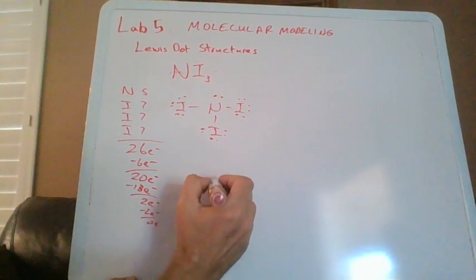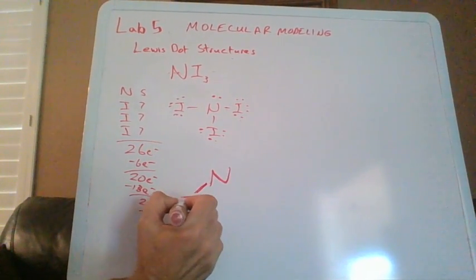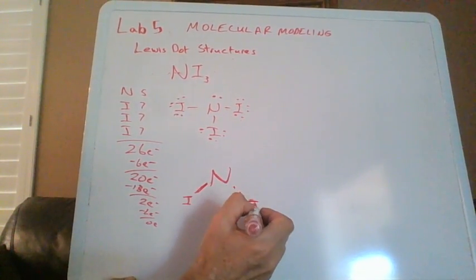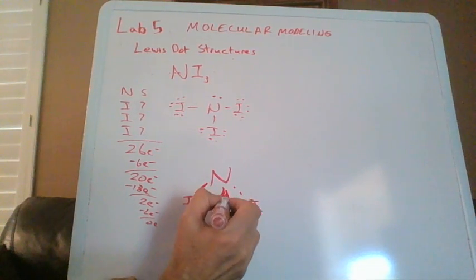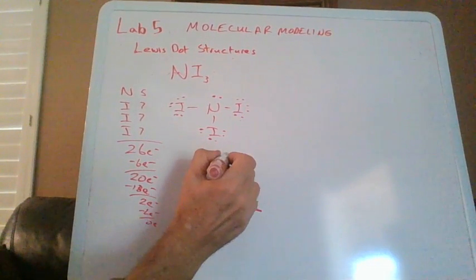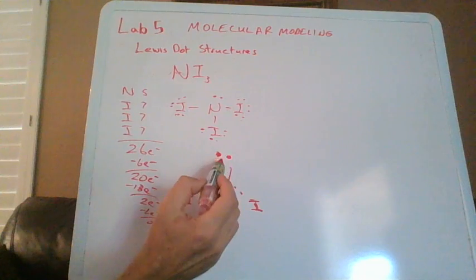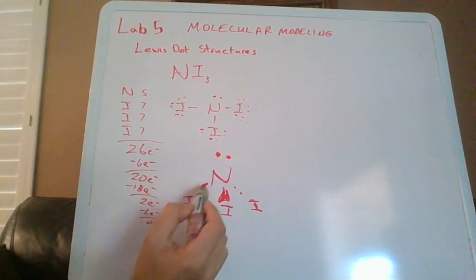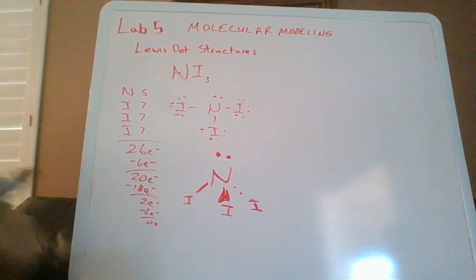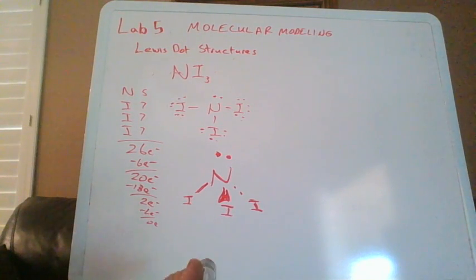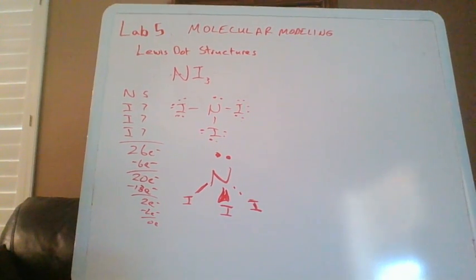And if we wanted to draw it in 3-dimensional shape, we'd have something like this, where we'd have a non-bonding pair up here and 1 iodine in the plane, and then 1 iodine sticking out towards you and 1 behind the blackboard.